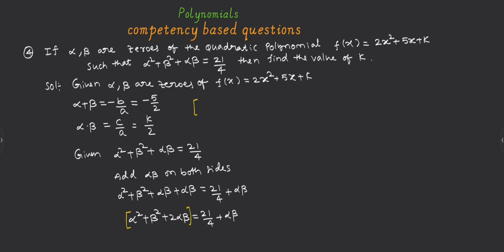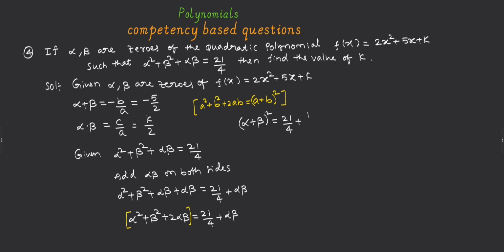We know that a square plus b square plus 2ab is equal to a plus b whole square. So this can be written as alpha plus beta whole square is equal to 21 by 4 plus alpha into beta.